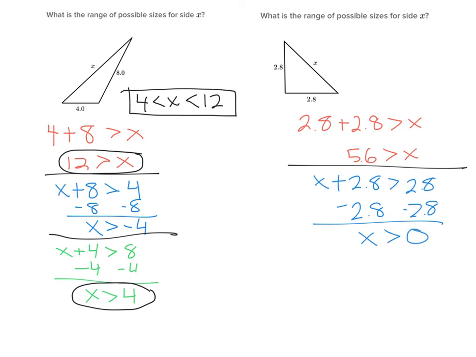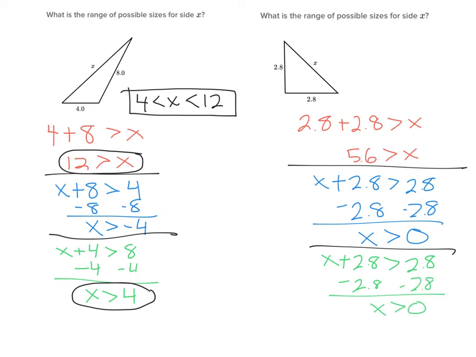Now, my third inequality, actually, it's just going to be the same thing because my other side is exactly the same, 2.8. So really I just switch those two sides, but it gives us the same thing. So I'm once again going to have x is greater than 0.